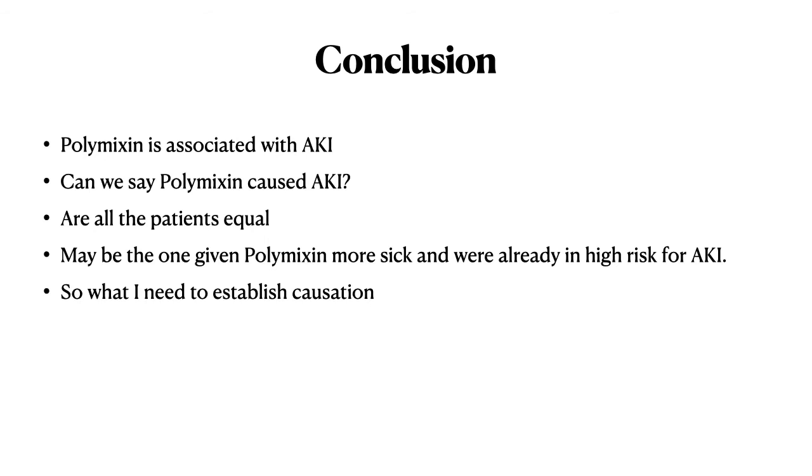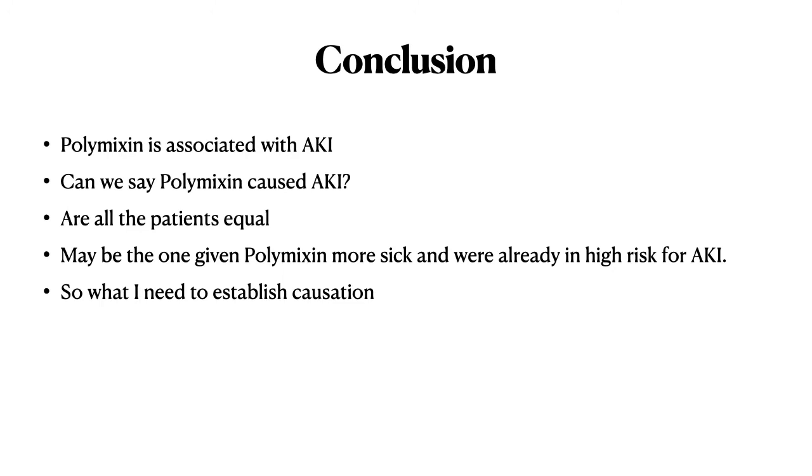I don't think we can say here that polymyxin causes AKI, as we are not sure whether all the patients are equal, which means it was the clinician who decided to start the polymyxin based on his clinical experience. It means that most probably polymyxin was given to patients who were already very sick, and it means they already had a higher risk of developing acute kidney injury.